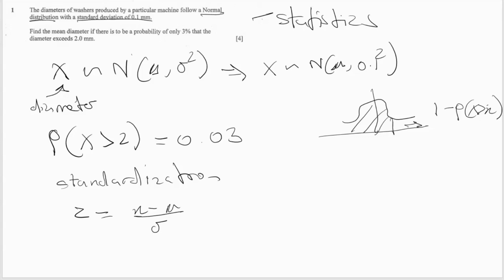This is how we do standardization. So in our case, our z value is going to be 2 minus mu, which is the mean, over 0.1.